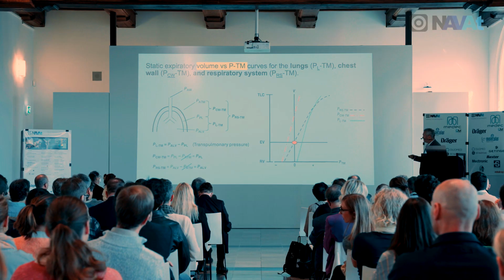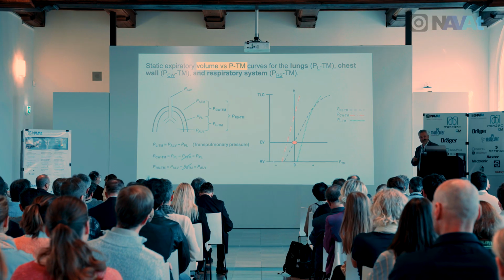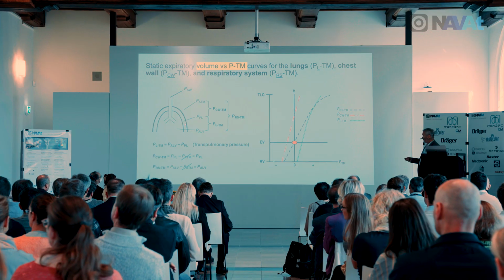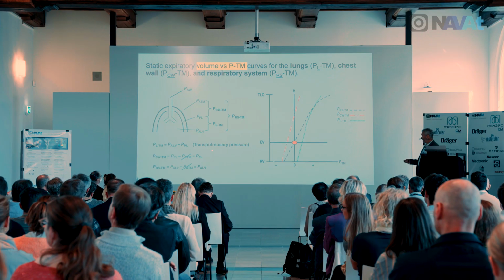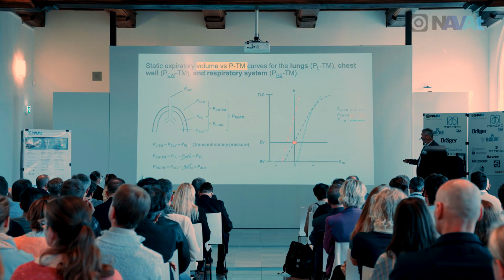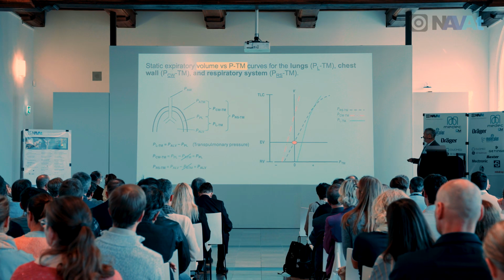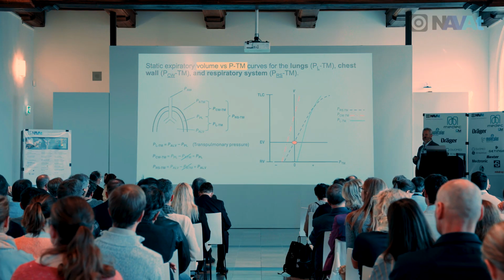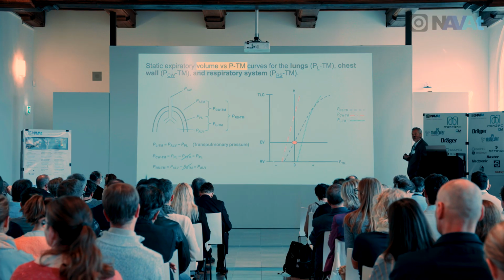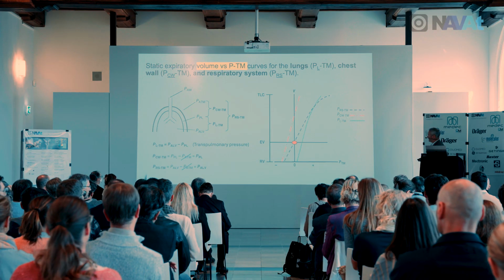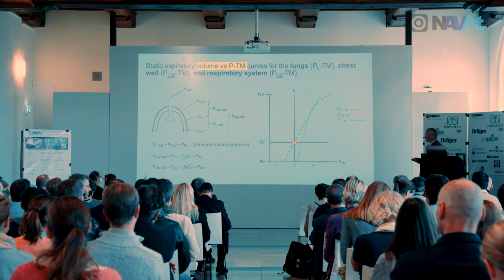So in order to differentiate, we need, first of all, to measure pleural pressure, because that allows us to calculate transpulmonary pressure, alveolar minus pleural pressure, as we said, which is positive in functional residual capacity condition, as after a calm expiration.